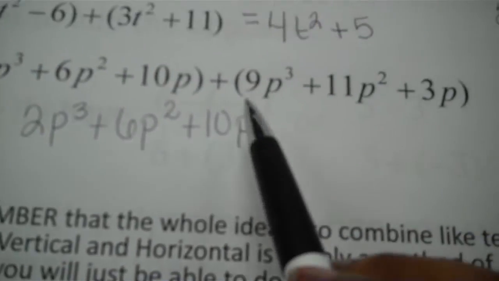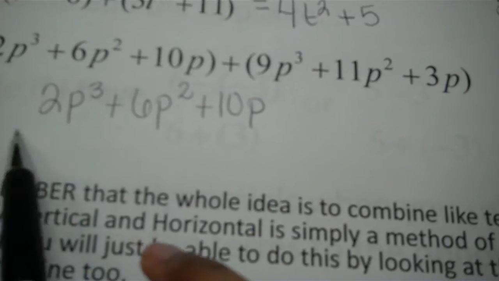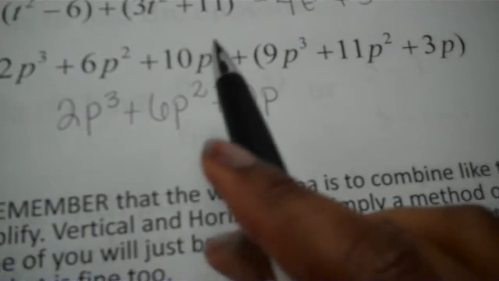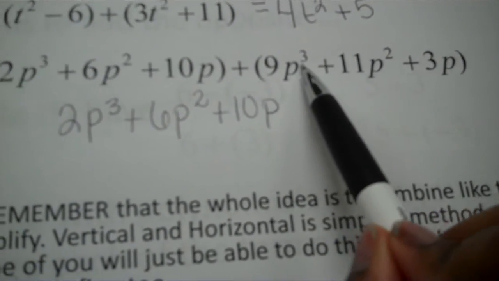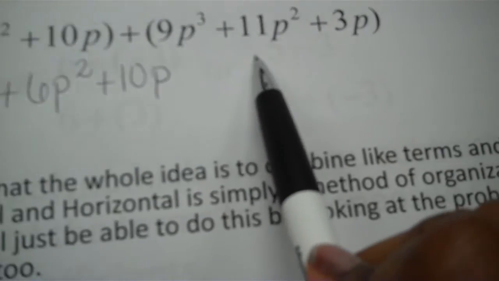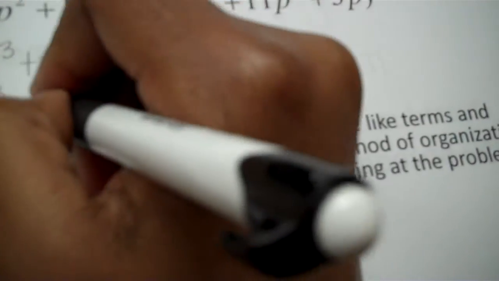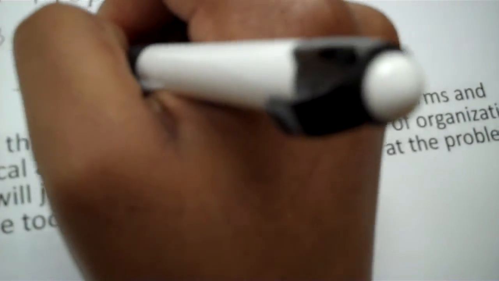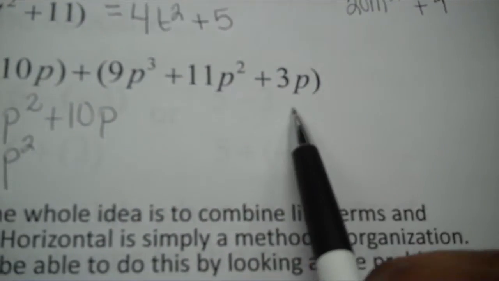So I would need to copy down the expression. And then the second expression, I would need to line it up with the like terms of the first. So I have 9p cubed. That would go under 2p cubed. Then I have a positive 11p squared. And last I have 3p.